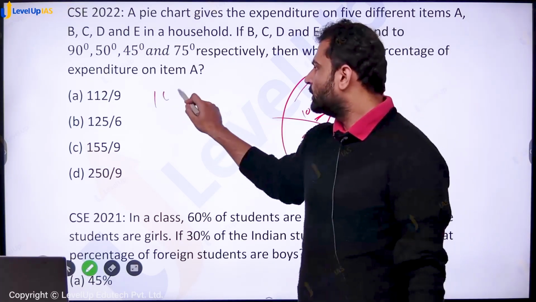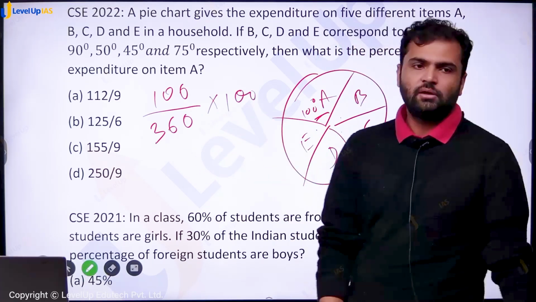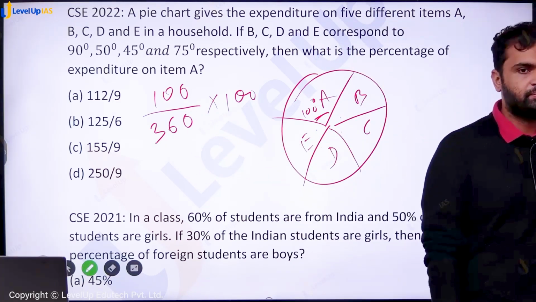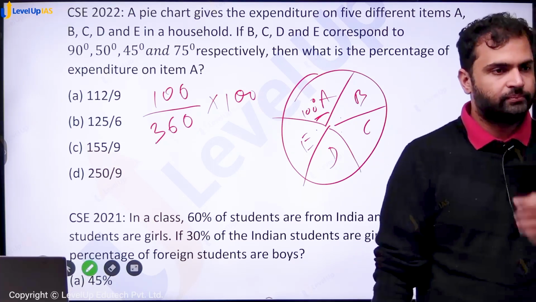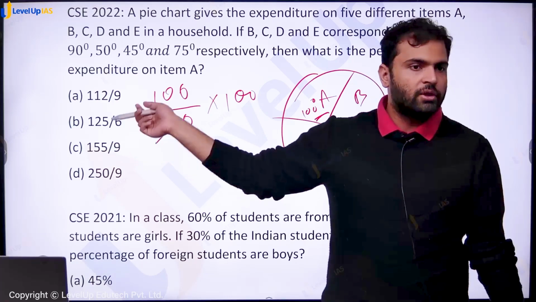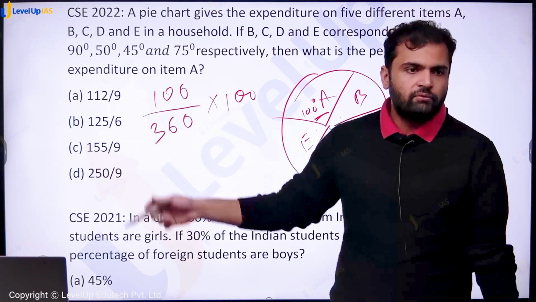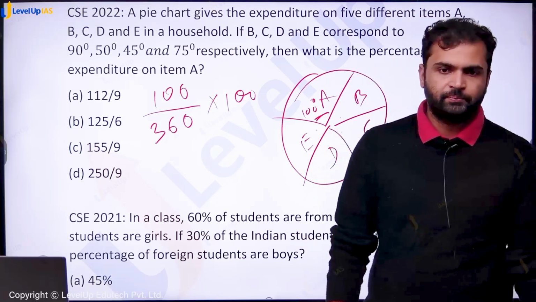So expenditure is 100 out of 360, and because we want to calculate percentage, multiply by 100. And this is the ratio or the fraction corresponding to A, and how to convert into percentage, multiply by 100 and add percentage sign.